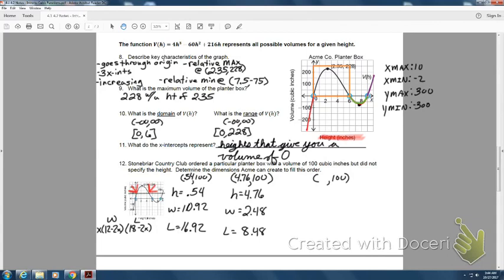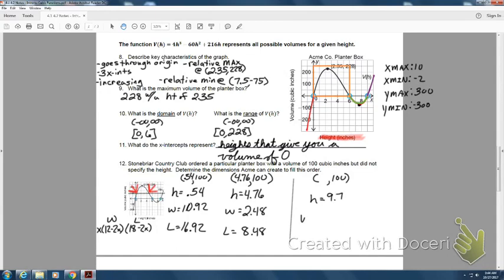Okay. Now, let's talk about this other one that we've already determined would not make sense. But let's talk about why exactly it would not make sense. Okay, so if I find that the far intersection would give me a height, my x value, of 9.7.